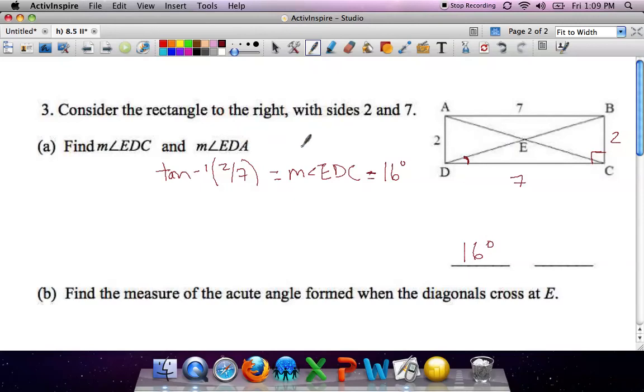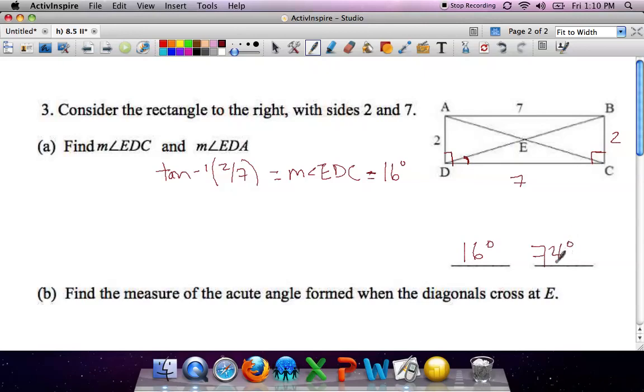And now to find EDA, we know that if this is a right angle, EDA has to add up to 90 with 16, so that answer has to be 74 degrees.